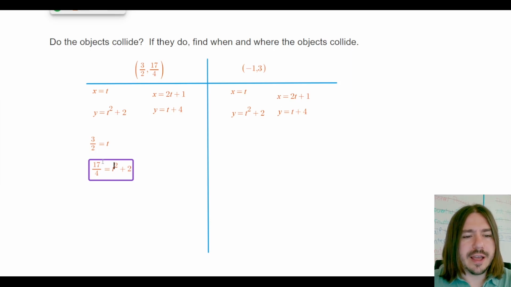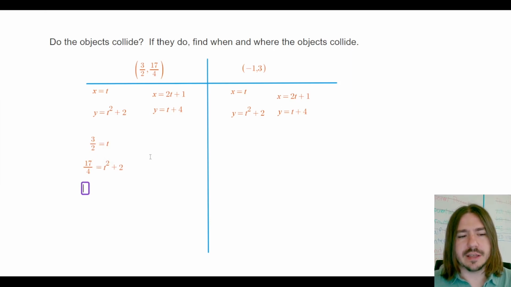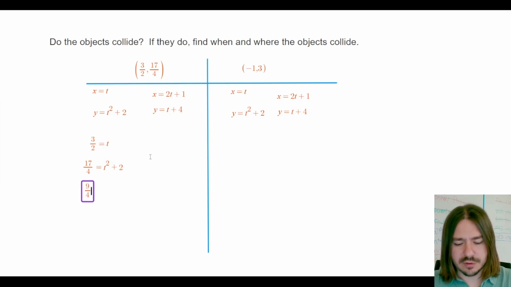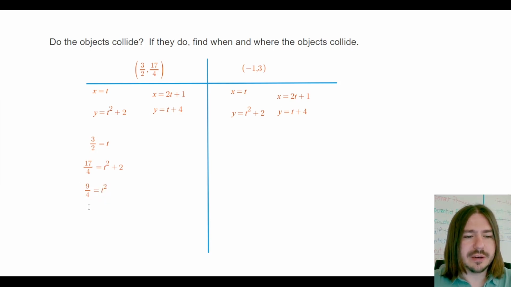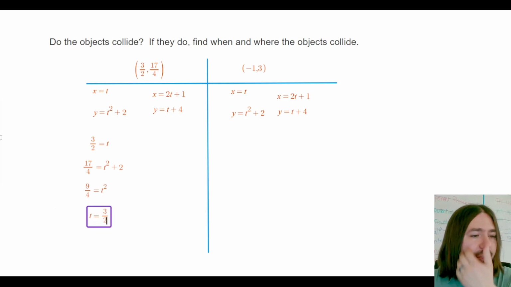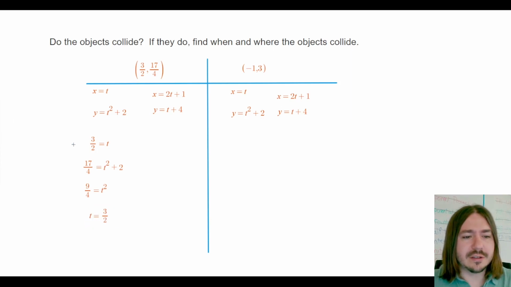If I subtract 2 from both sides, I get 17 minus 8, which is 9/4, equals t squared. We're not really expecting this to be different, but it's good to just double check. Take the square root of both sides, you get t equals 3/2. So yeah, we do get 3/2 as the time at which the first object is at this point. And so this one just needs to match it.